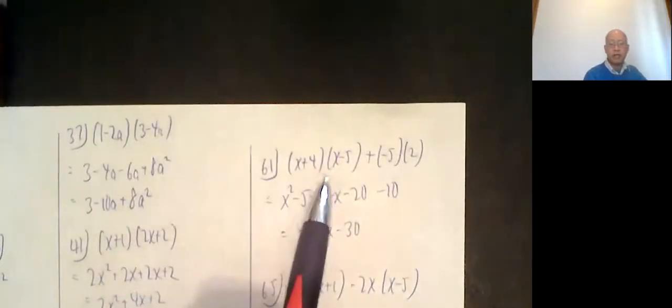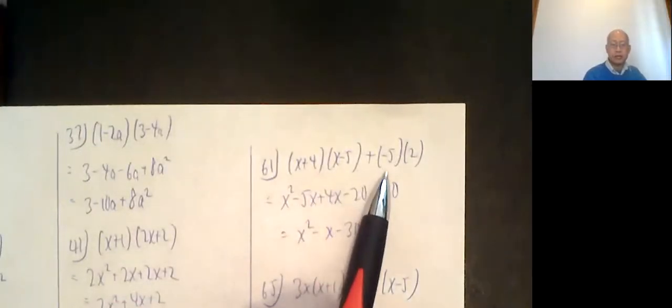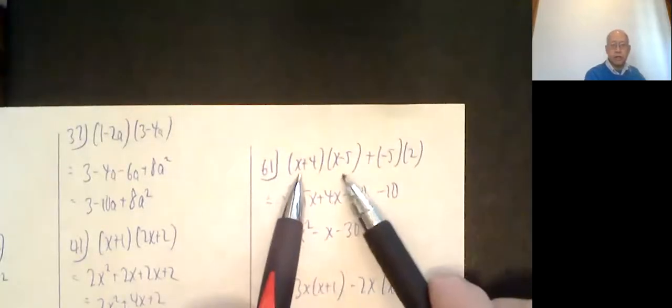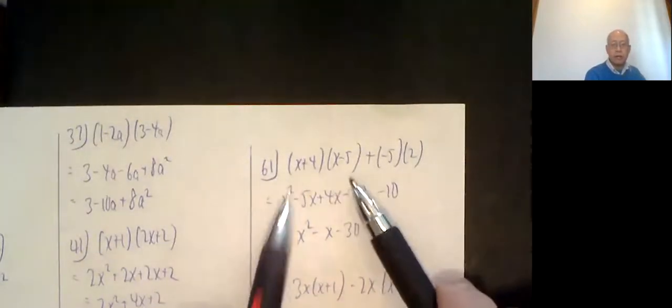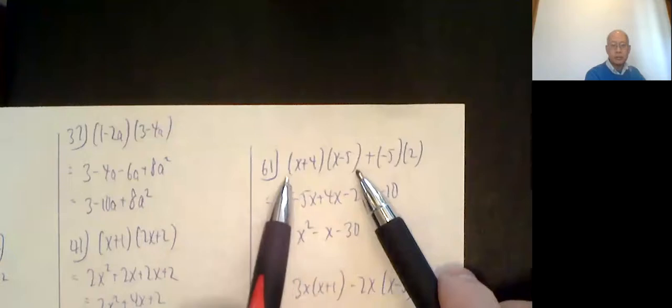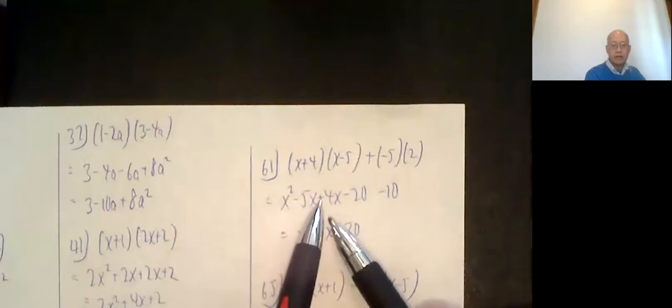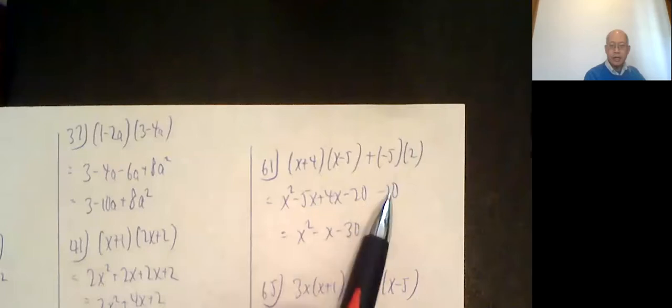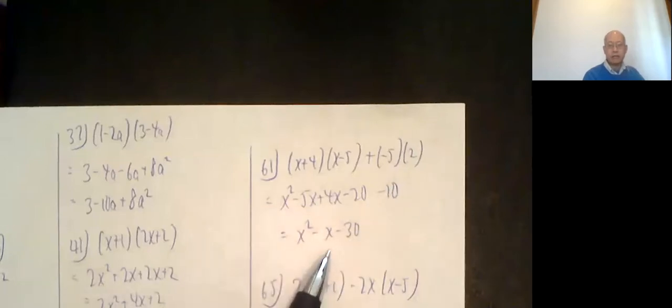61, x plus 4, x minus 5, plus negative 5 times 2. So FOIL this out. First, x squared, outer, negative 5x, inner, positive 4x, last, minus 20. And that's minus 10. So x squared minus x minus 30.